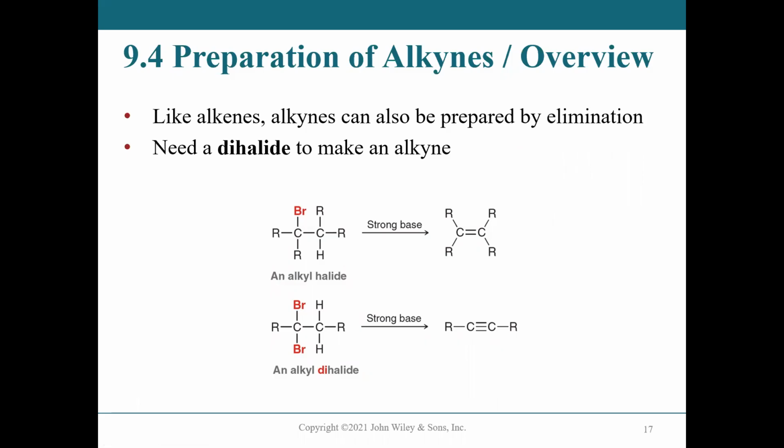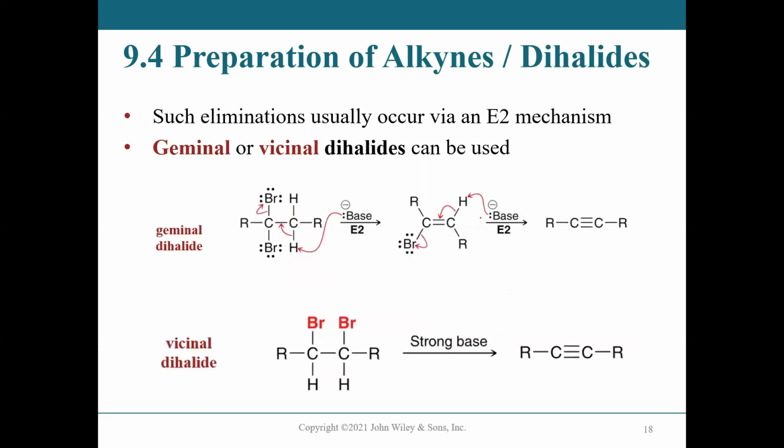And we do this through elimination. So here we form this alkene, the double bond. Then we form the alkyne. It's very similar to what we've learned from the previous chapter, isn't it?